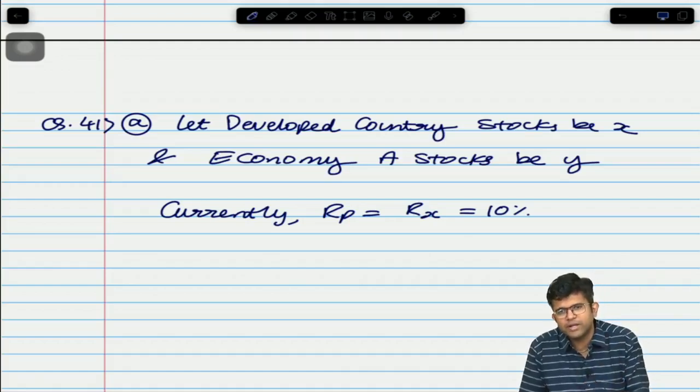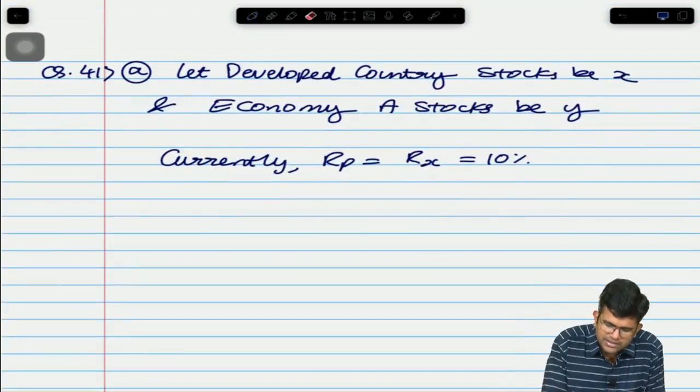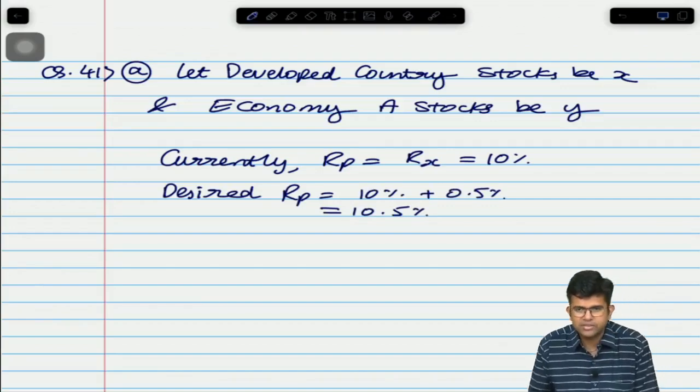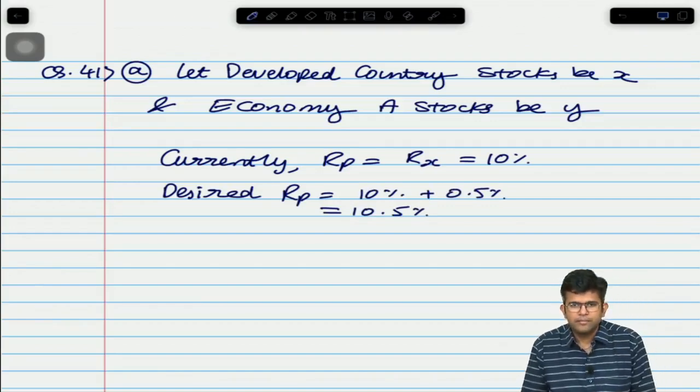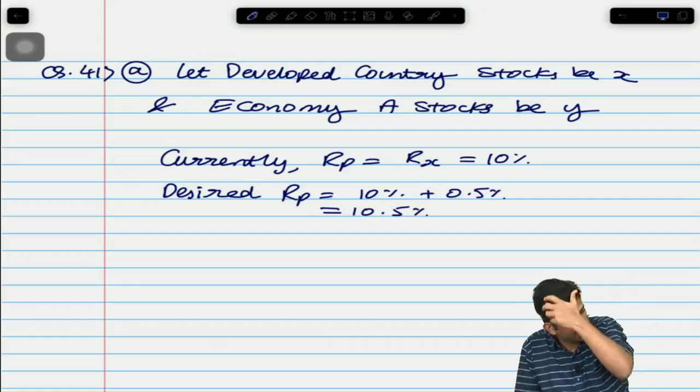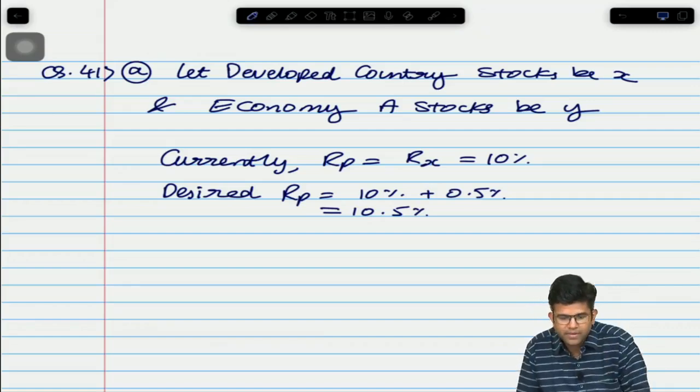Because everything I have put in X. Can I say desired RP will be? Read point number A again in the question. You will understand what I have written. Correct?